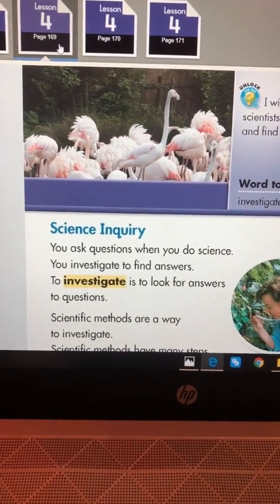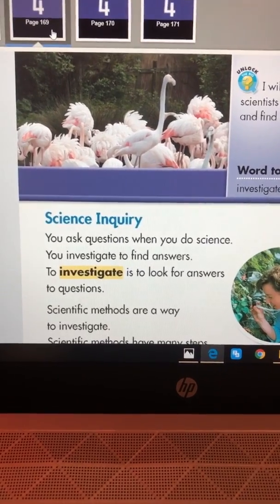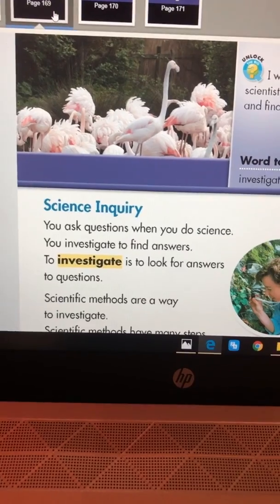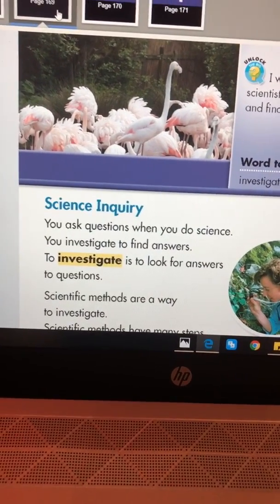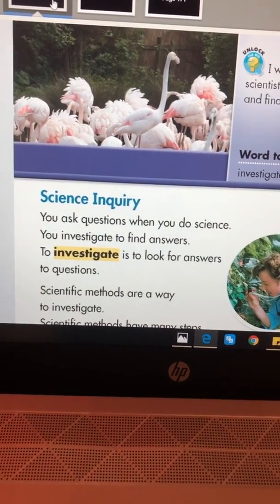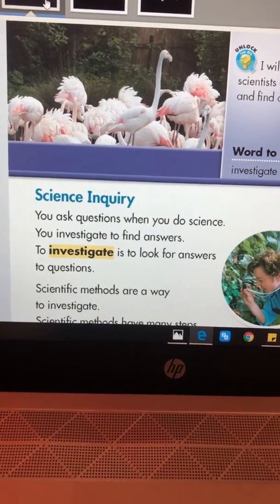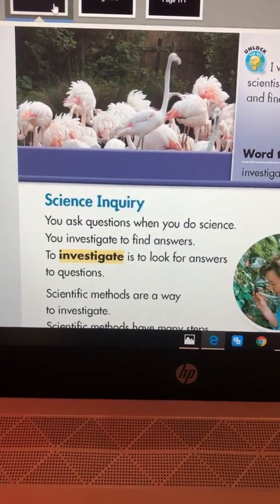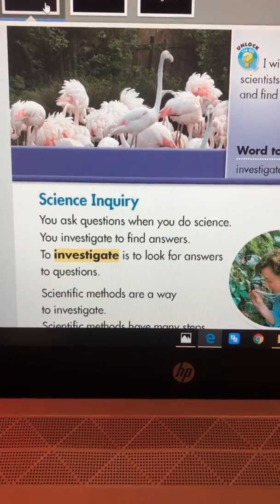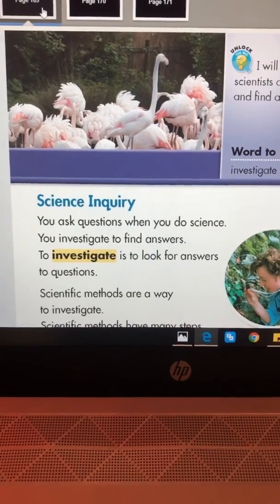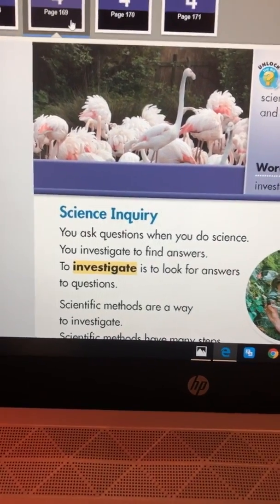So investigate to look for answers. How scientists answer the question is by investigation, and investigate means to look for answers to questions.